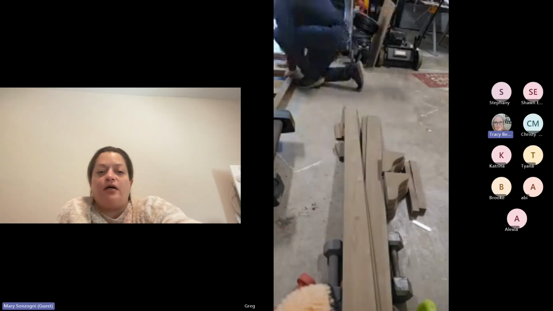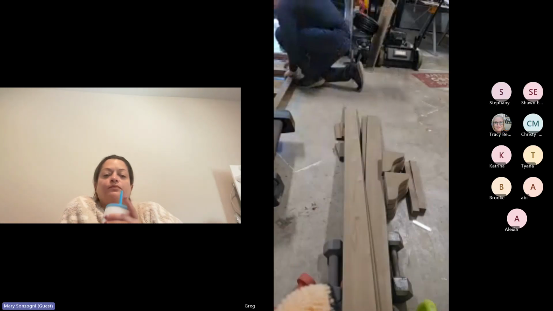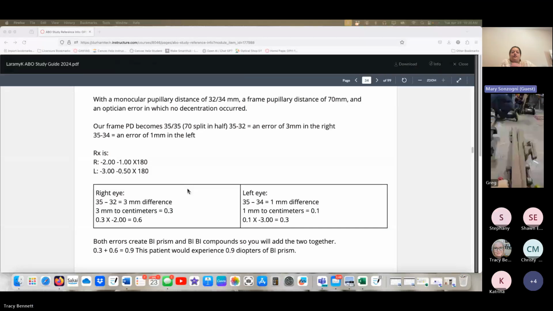Are you referring to this? I don't remember the answer. Whatever you got, you had to have gotten an answer to then have drawn that. Yes. Like this? So it was 0.9 total, because we had 0.6 in the right eye and 0.3 in the left eye, and base in compounds because the eyes are going in different directions.